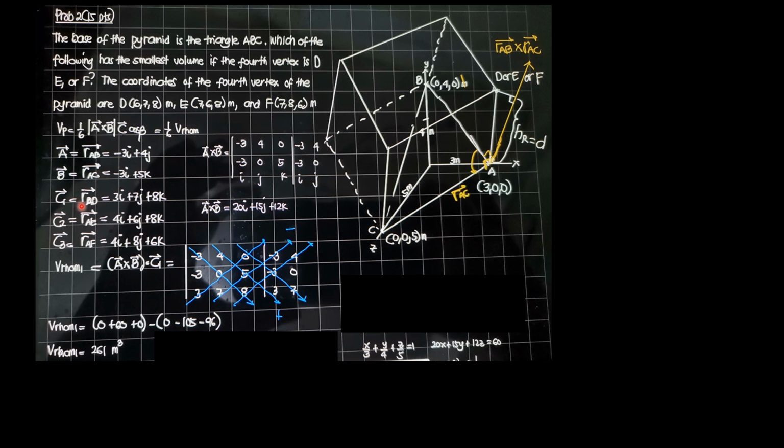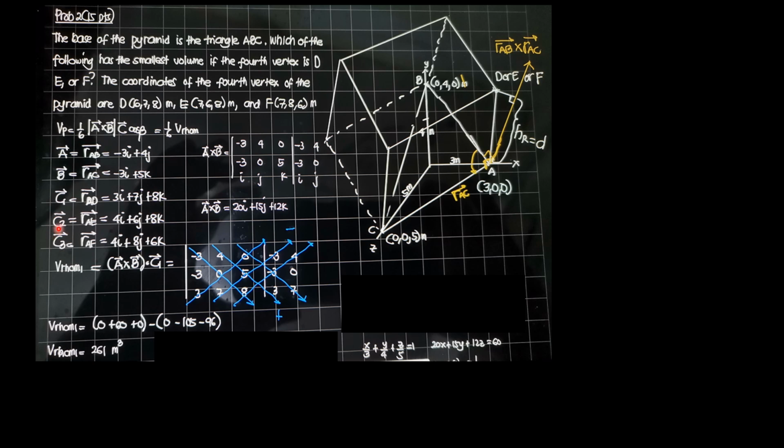So it is RAD, so D minus A, since D is 6, 6 minus 3 is positive 3, so 3i. Then 7 minus 0, 7j, then 8 minus 0 is also 8, so 8k.